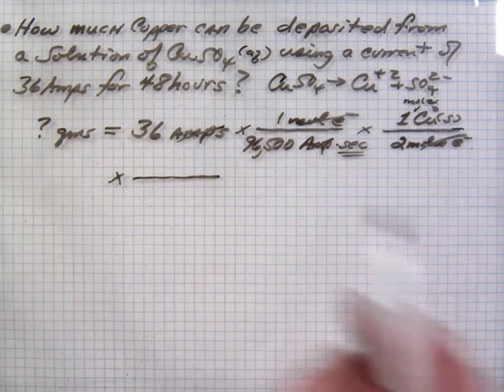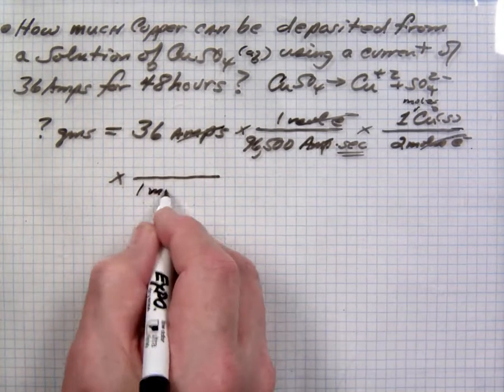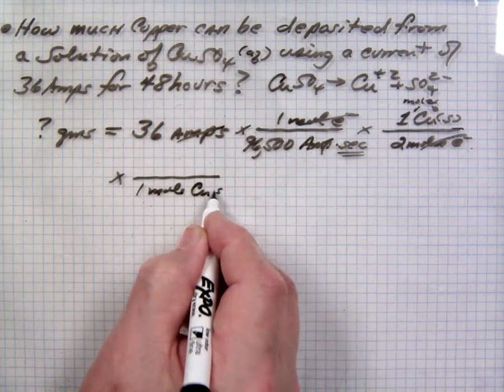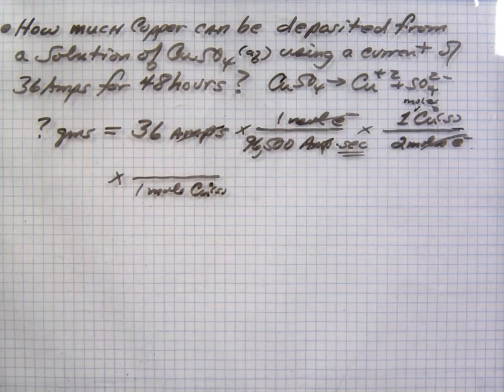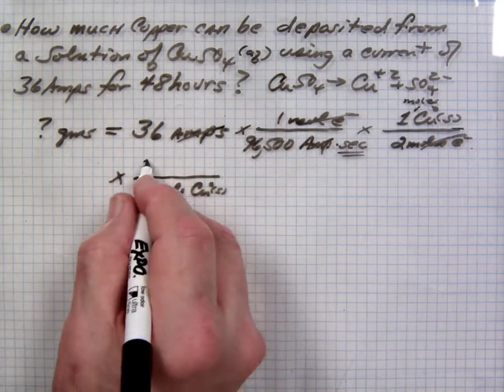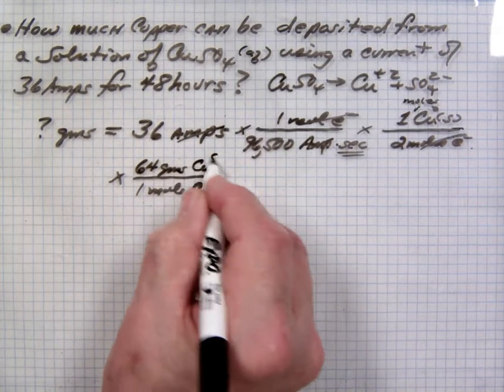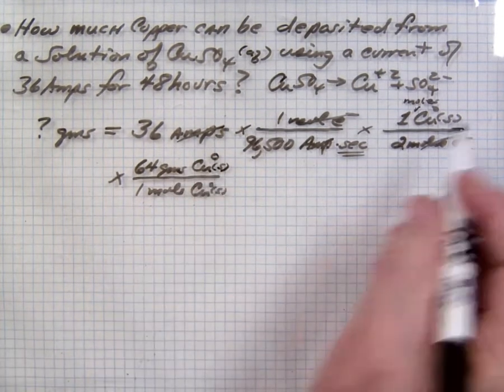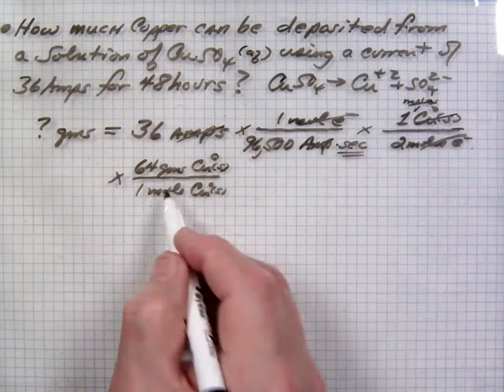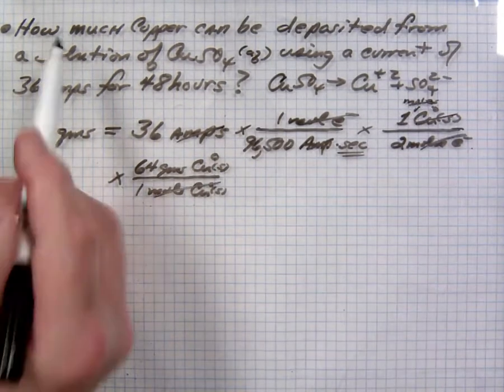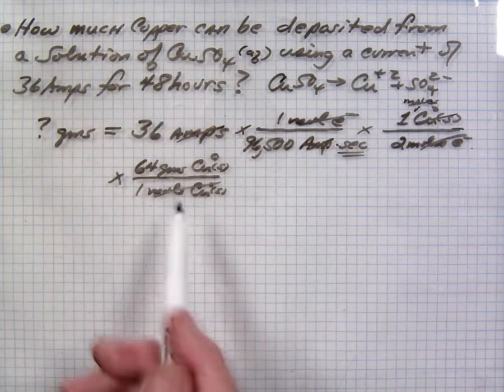We can work through moles. 1 mole of copper, okay, so we have 64 grams per mole of copper now. So the moles of copper drop out.